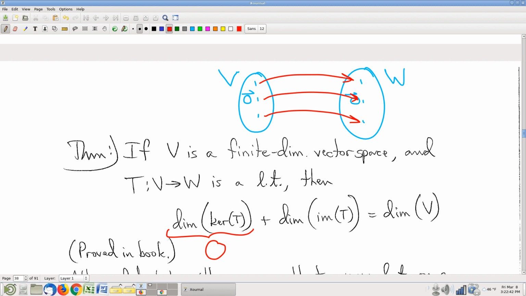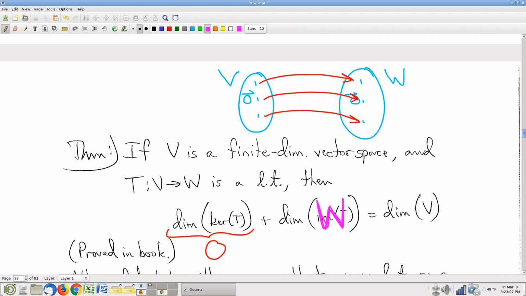Okay. Now, next question, what can we say about the image? What is the image in this situation? Well, the image is a collection of all outputs. Well, every point in the target has a preimage, therefore every point in the target is in the image. And therefore the image is exactly W. The image is the target.